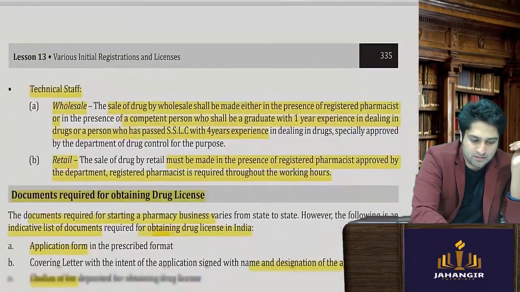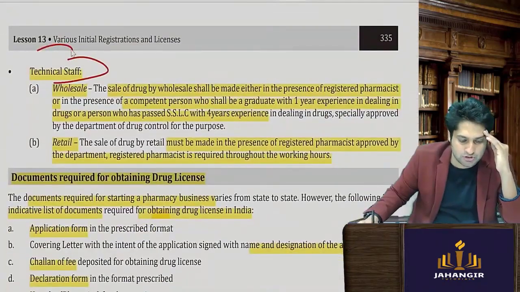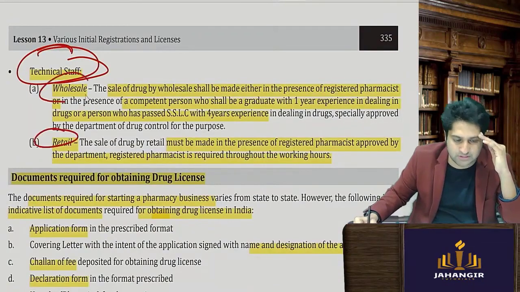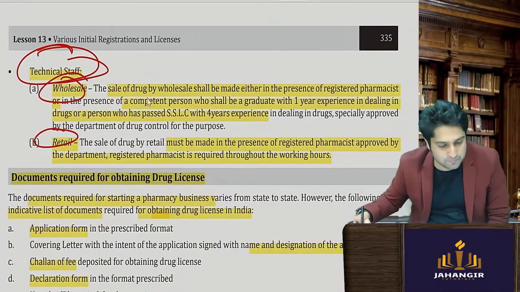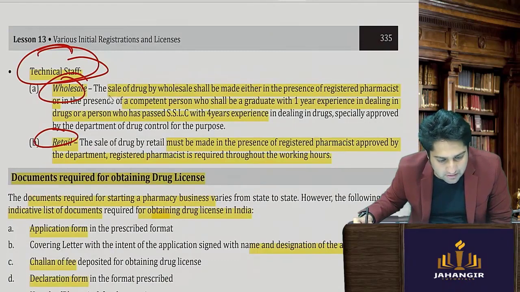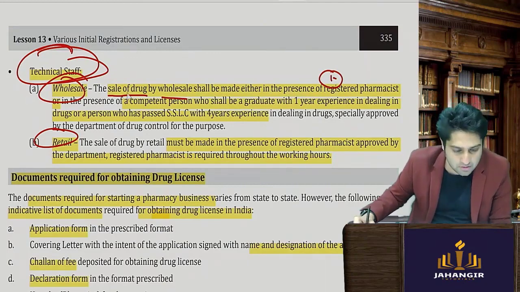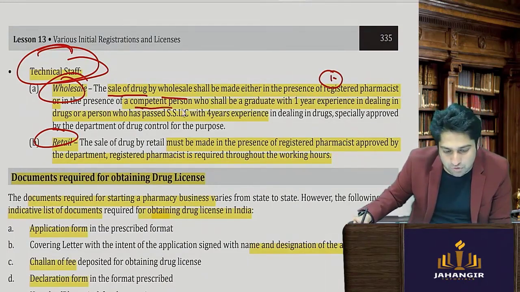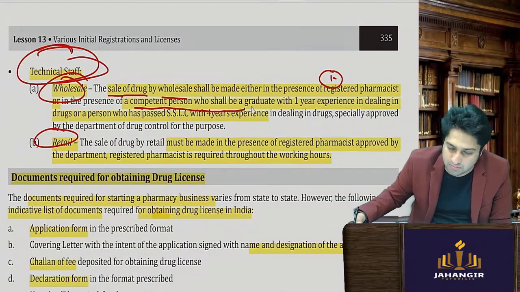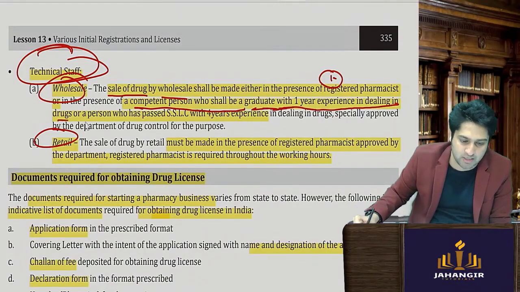Next, if we see the technical staff, so staff has to be there for retail and wholesale. Now they are saying that sale of drugs by wholesale shall be made either in the presence of a registered pharmacist or in the presence of a competent person who shall be a graduate with 1 year experience in dealing in drugs.